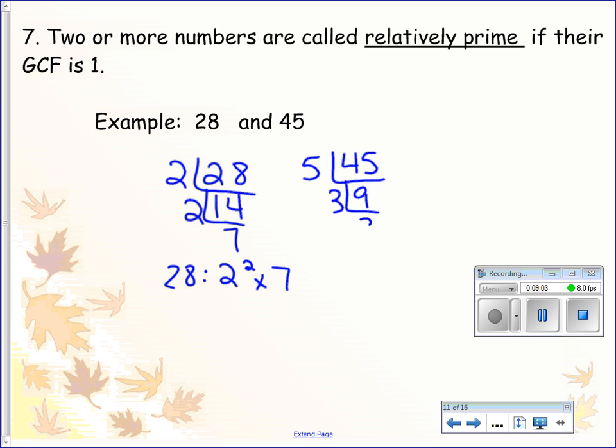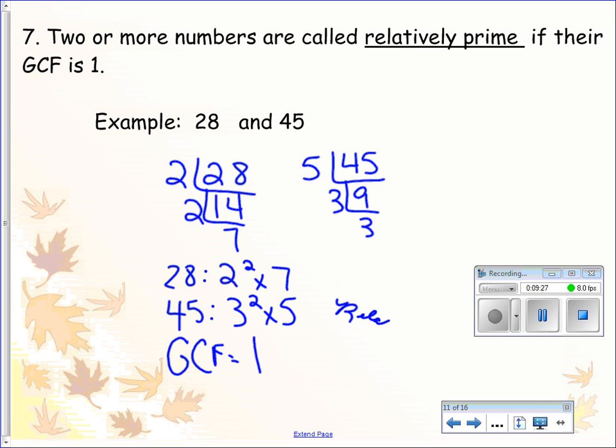We stop when the last number is prime. So for 45, the prime factorization is 3 to the second times 5. So when we're asked to look at the greatest common factor, these 2 numbers do not have any factors that are the same except for 1. So your answer would be that these 2 numbers are relatively prime.